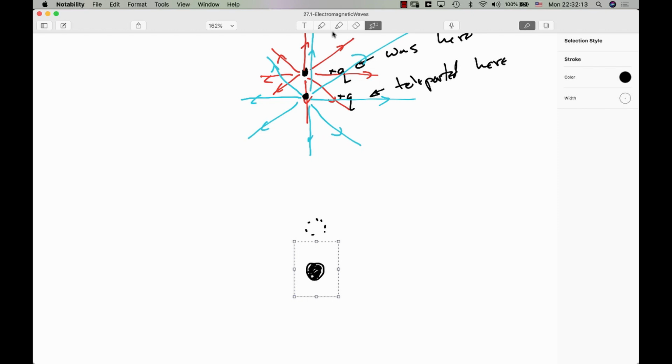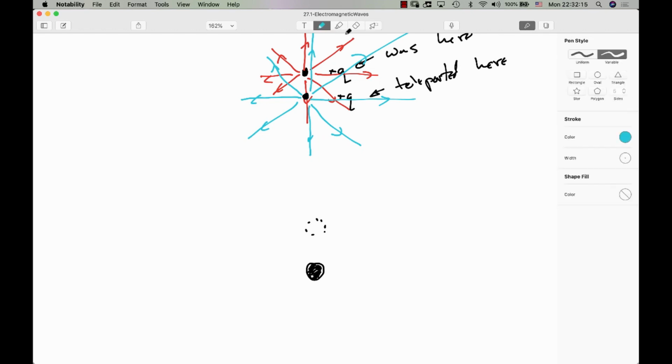Yeah, that's going to be better. All right, so what I'm going to do here is draw in the electric field lines from the new position out to some point. Trying to draw a circle.